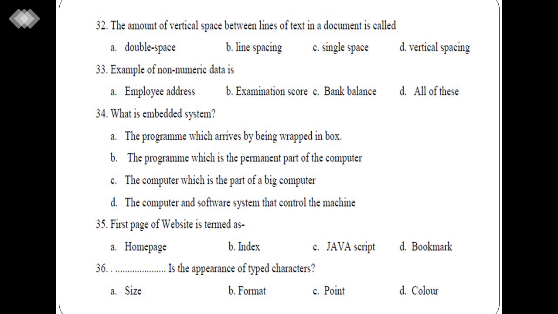Now question number 35: the first page of a website is termed as home page, index, JavaScript, or bookmark. Now question number 36: dash is the appearance of typed characters, that is size, format, point and color.